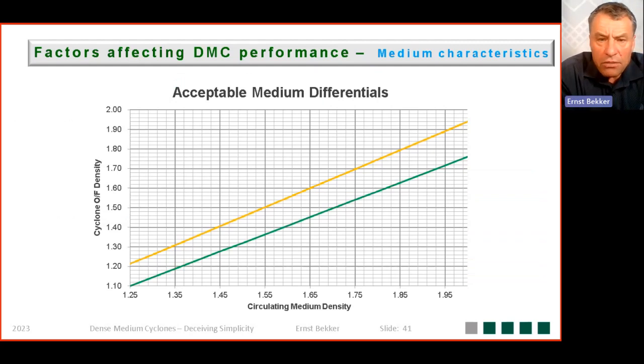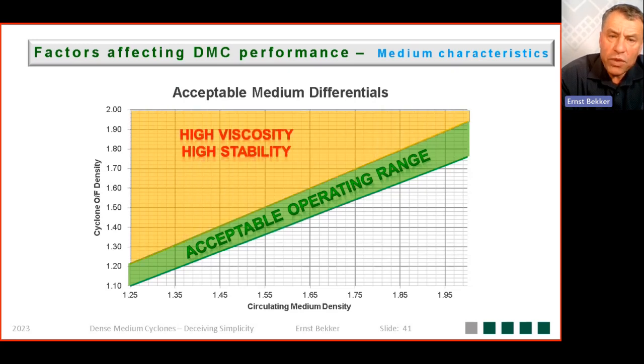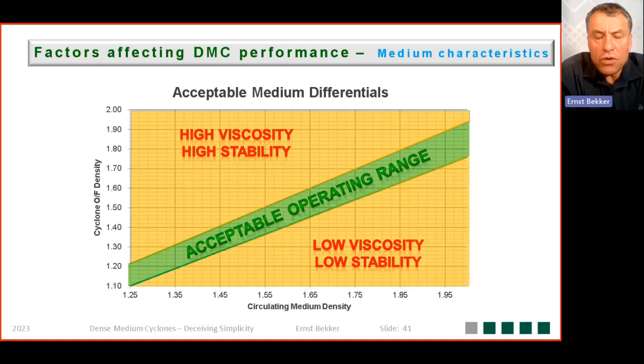There are also graphs available instead of doing the calculation, and the 3 to 12% range is given by this green shaded area. In this graph, we're looking at the cyclone overflow density on the y-axis, and we use the circulating medium density on the x-axis, and we just combine the two points. Outside areas are then illustrated for high viscosity or low viscosity areas.